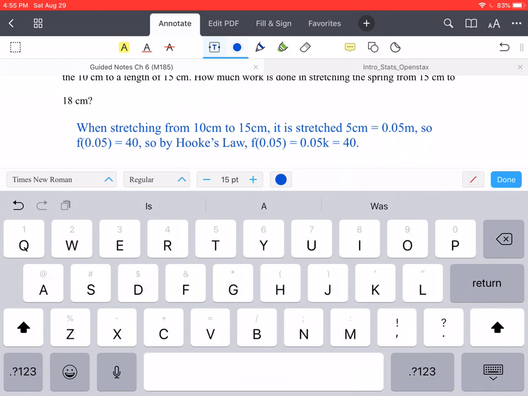That's k times x, where x is 0.05 and the force is 40. We can use this to solve for k, and then once we have k, we can use it to find the force for any other length.